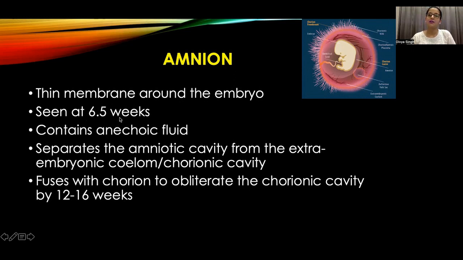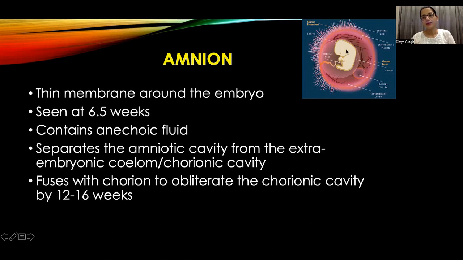It can be seen at around 6.5 weeks with transvaginal ultrasound. This amnion contains amniotic fluid, which is typically anechoic. The amniotic cavity is separated by this amnion from the chorionic cavity or the extraembryonic coelom.